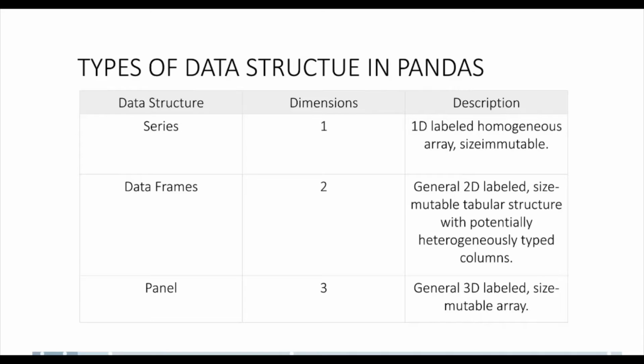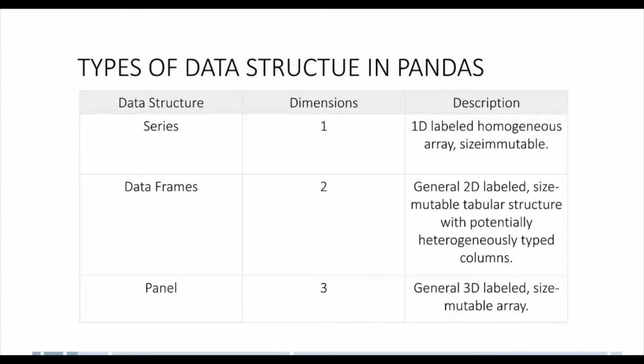The first thing we are going to see in pandas is the types of data structures. Pandas supports mainly three types of data structures: series, DataFrames and panel. Series is a 1D labeled homogeneous array, which is the most popular and what we are generally used to.